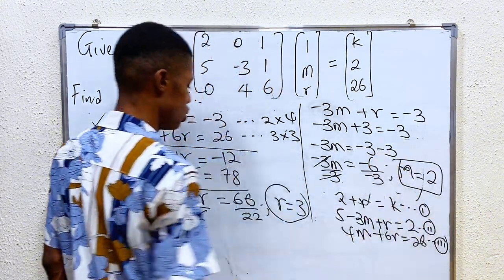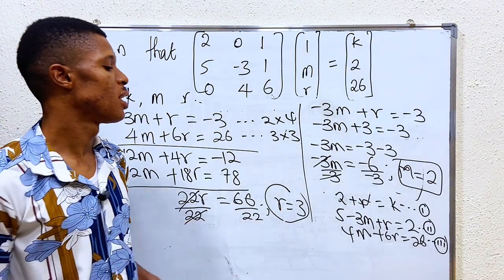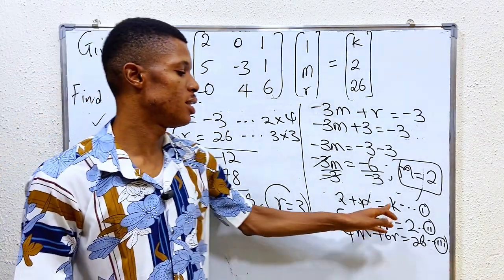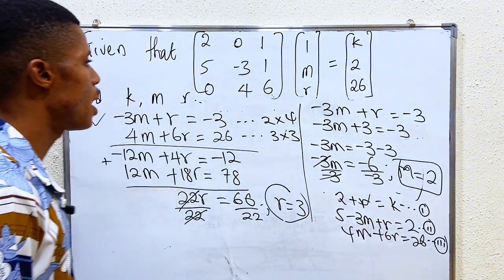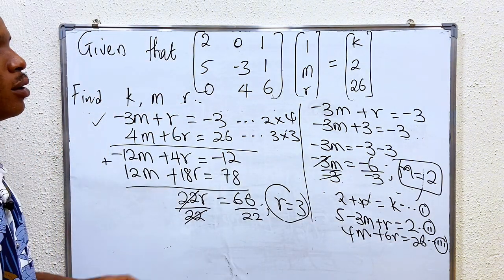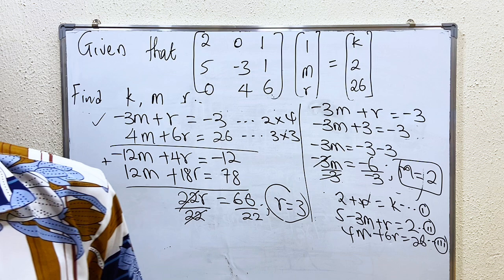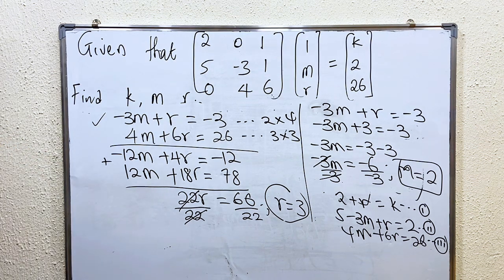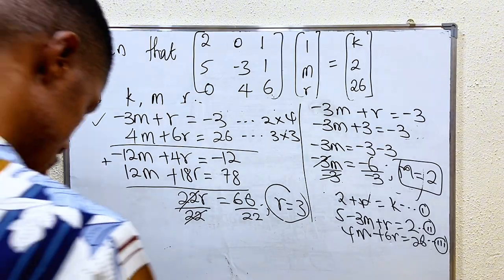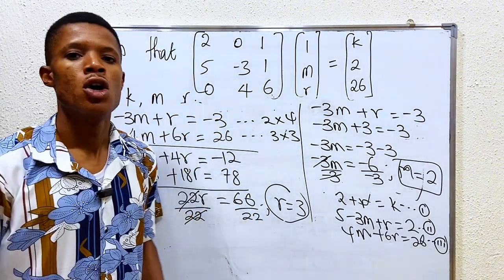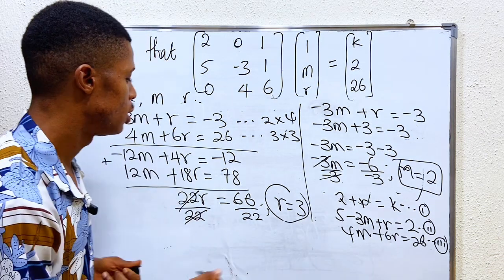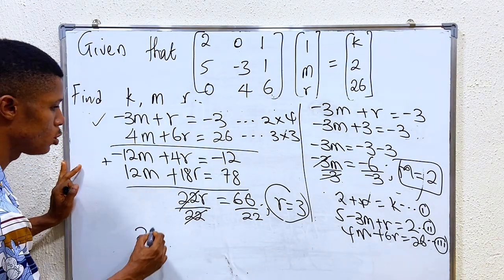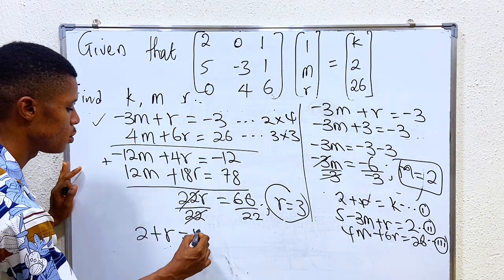So m is 2, r is 3. Last but not least, we find k. To find the value for k, we substitute in equation 1. Equation 1 says that 2 plus r is equal to k.